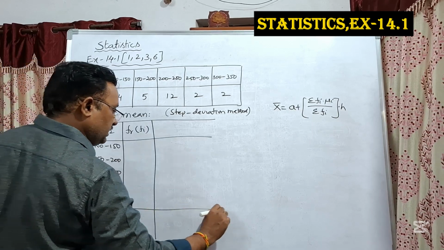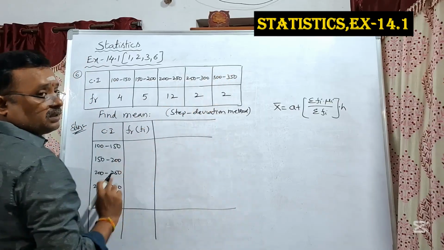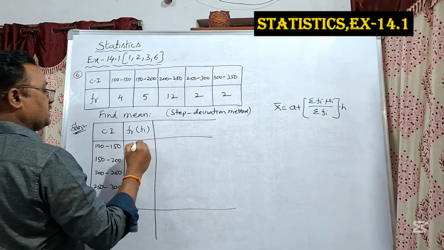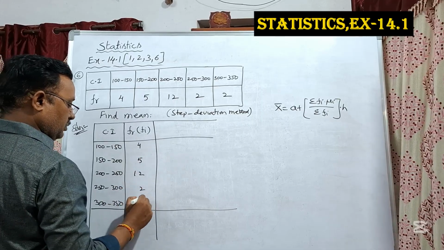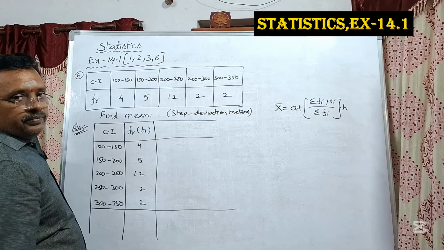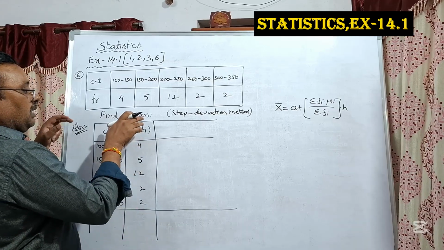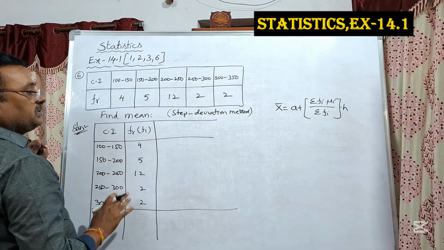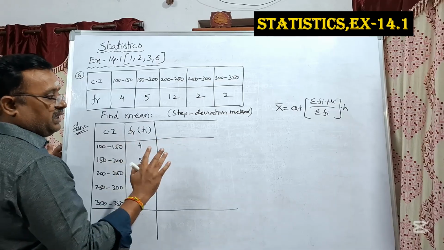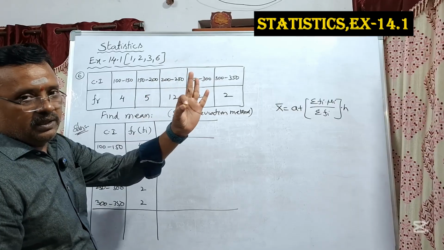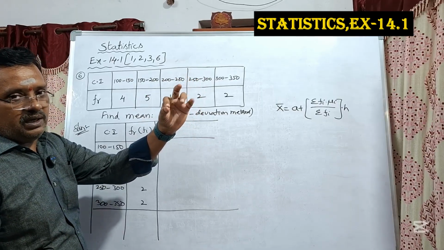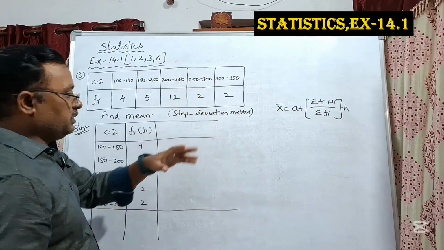These are the class intervals in the data. Their frequencies are 4, 5, 12, 2, 2 respectively. Now after the given two columns, what columns do we need? We need extra 3 columns. This is the same mantra: 2 given columns, 3 extra columns needed for this process also.